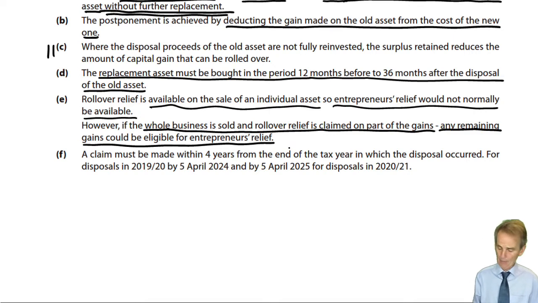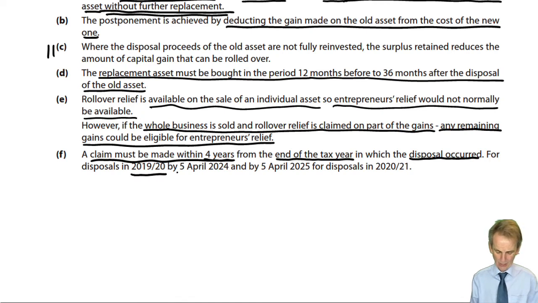If you do make the claim, plenty of time to make it in. A claim must be made within 4 years from the end of the tax year in which the disposal occurred. So if, of course, we're dealing with a disposal in the 19/20 tax year, 4 years on from the 5th of April 20 is the 5th of April 24.